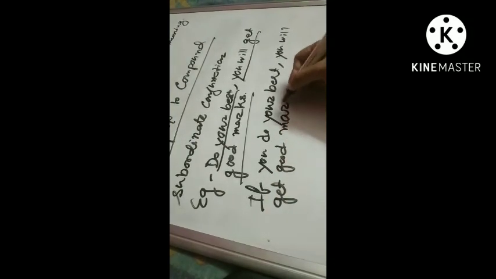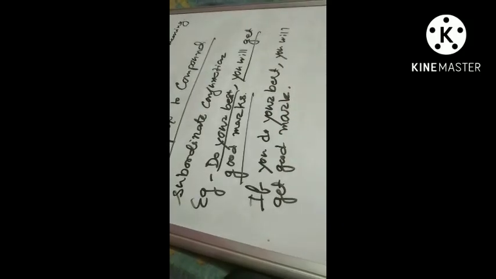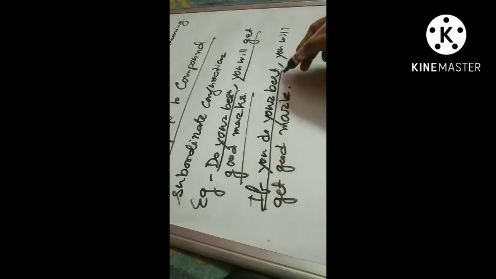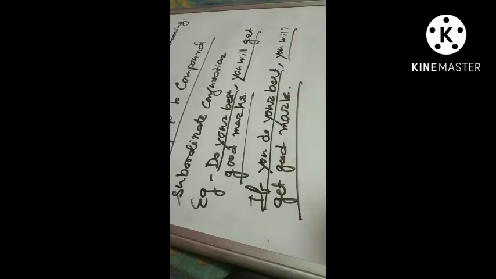So if you do your best is a dependent clause, because there is no complete sense. And you will get good marks is an independent clause. So this way you can make compound to complex.